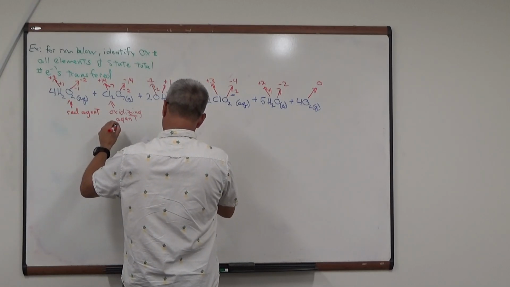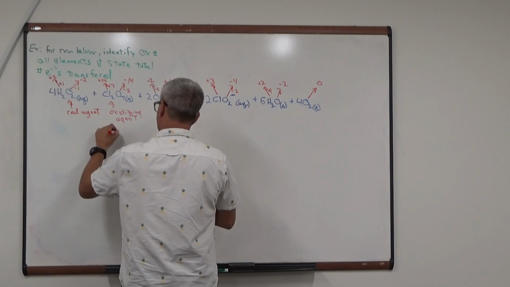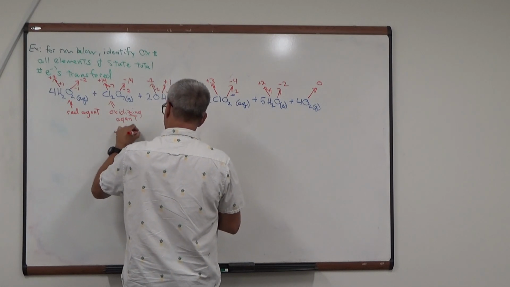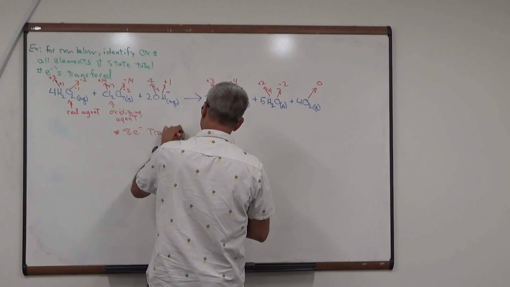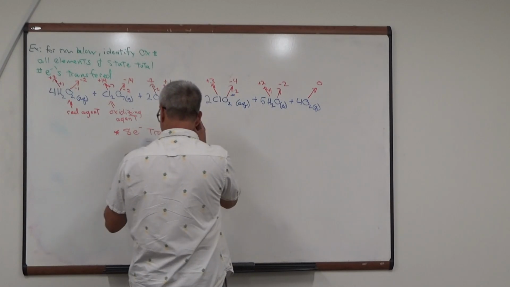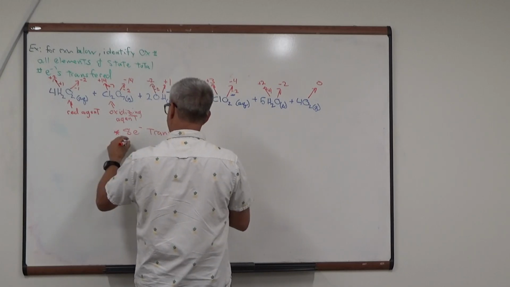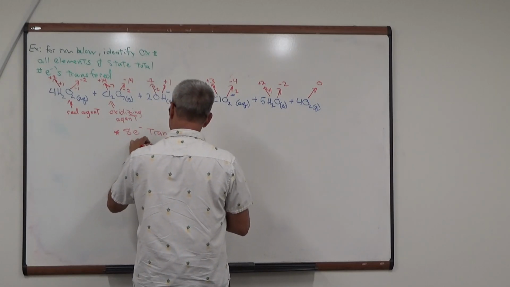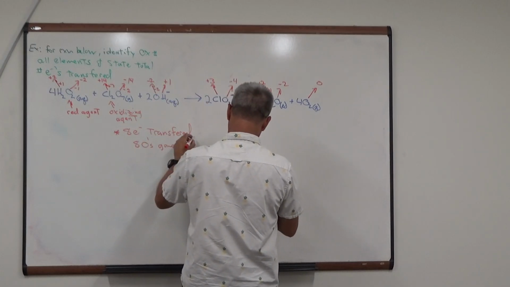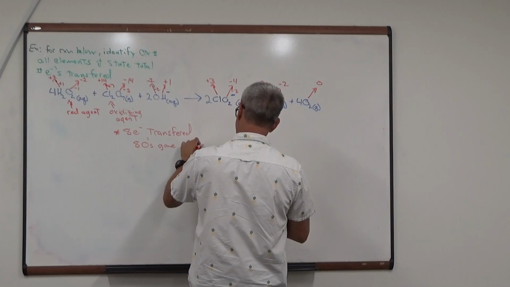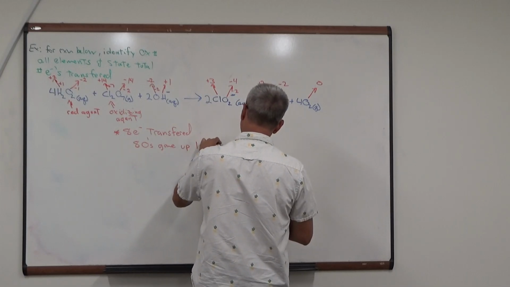So there are 8 electrons transferred. Okay. 8 oxygens gave up 1 electron each.